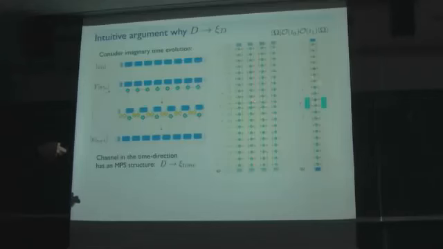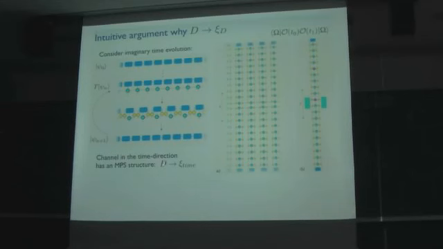Now imagine we compute a non-equal time correlator between two different times, t0 and t1, then we contract this network. This looks a bit like a matrix product state in this direction. We know that in this case, we can't get power law decaying correlations.